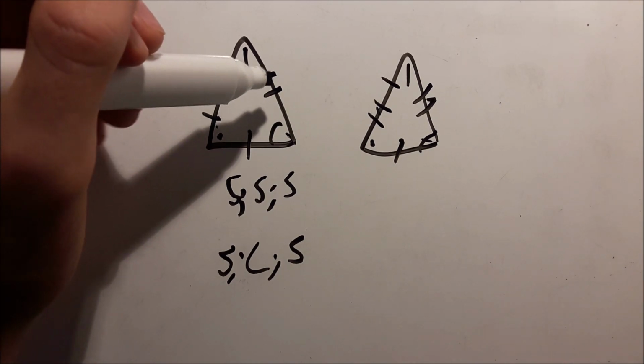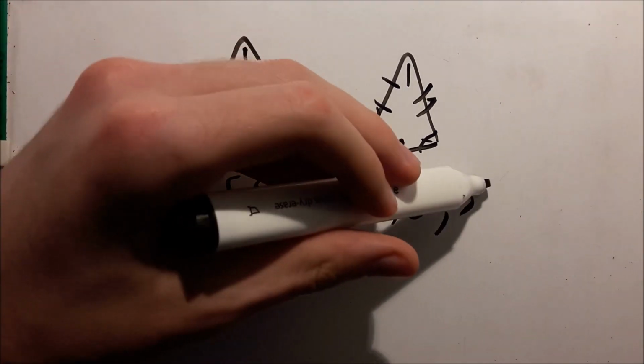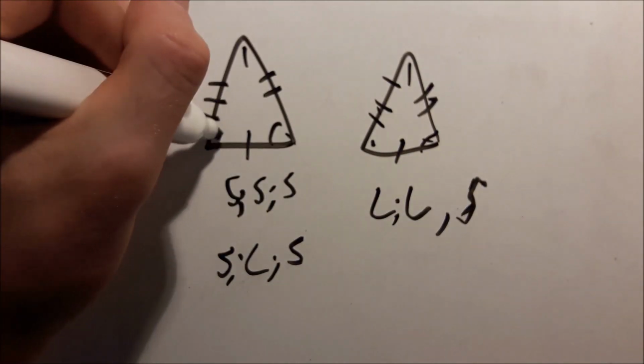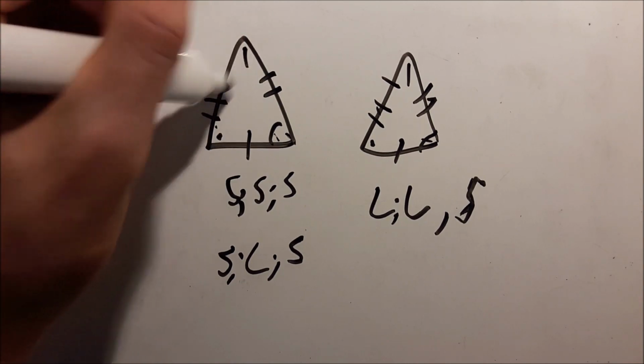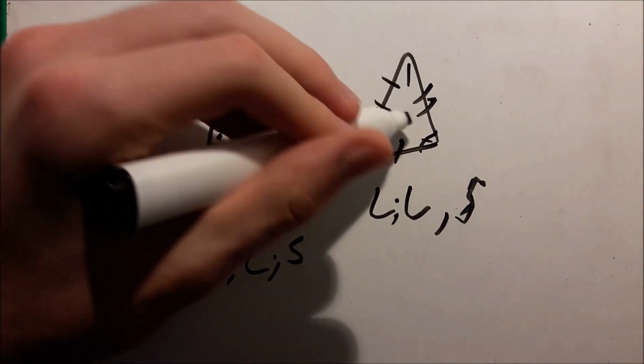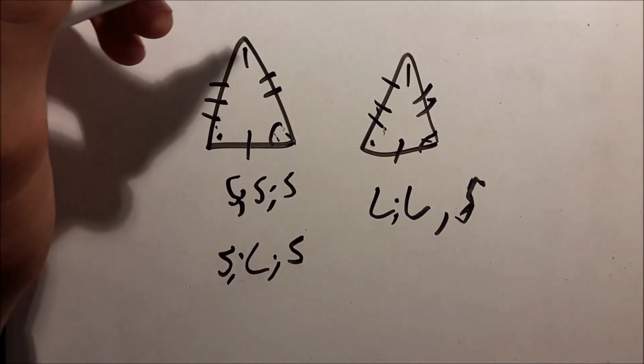Or you have 2 angles and then 1 side, so these 2 angles and then one of those sides also equal.